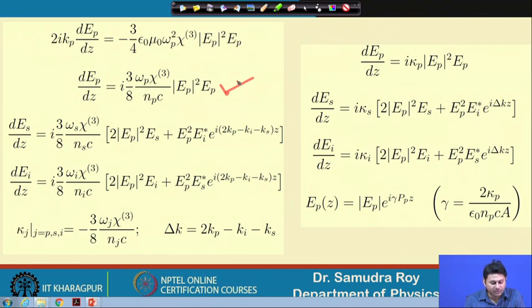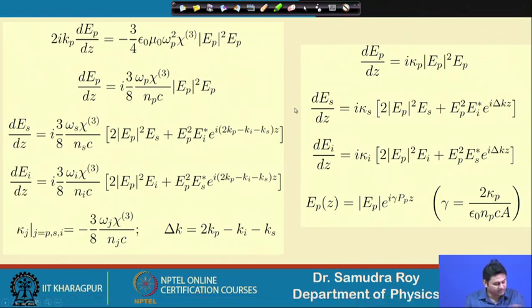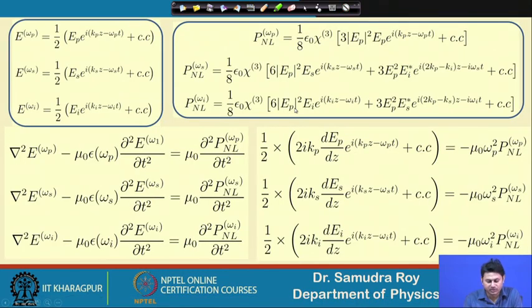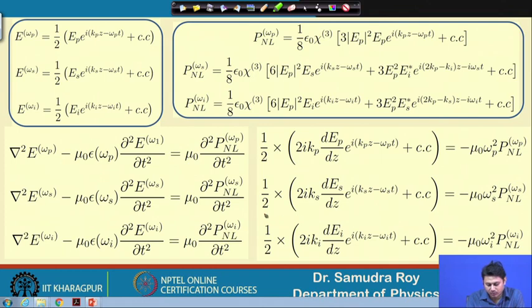What should be the equation of signal and idler? You just use the same logic or the same procedure. This is some sort of exercise I want the students to do. I will use these two equations where P nonlinear of omega s is given, and P nonlinear of omega i is given.